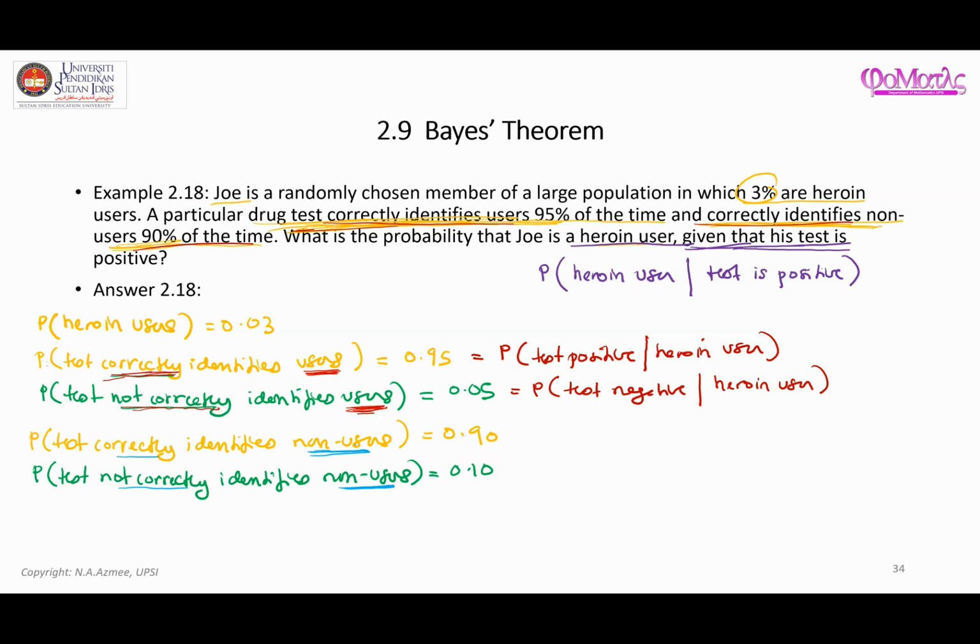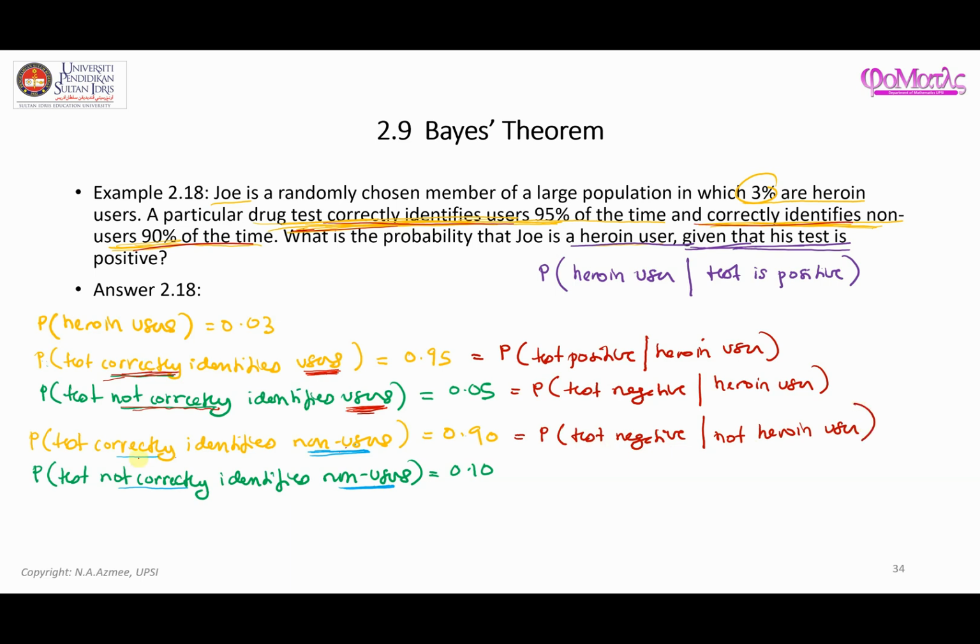Right, next is this one. The test correctly identifies non-users, which means that the result is going to be negative, because the person is a non-user, not a heroin user.